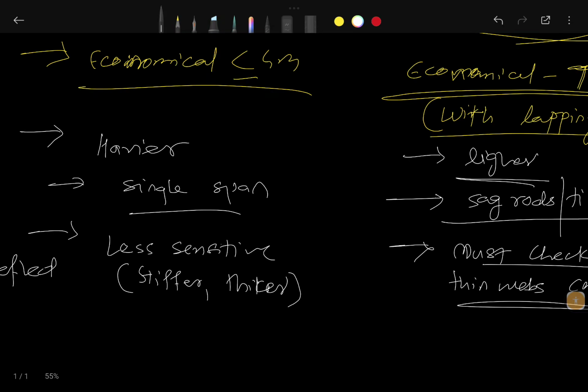That's why we use this section property according to economical spacing.